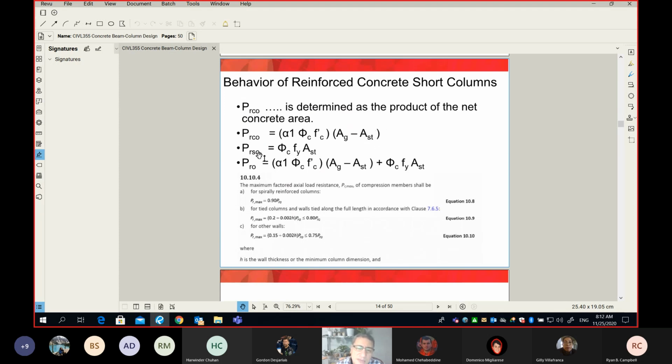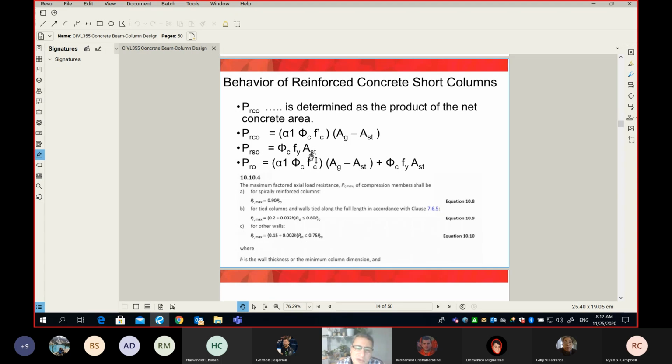And then for the steel, same as we know before, we multiply phi s, and please take a note, you have to change this phi c to phi s, multiplied by f y. So this is a reduced stress, and then multiply by the area of the vertical bars.